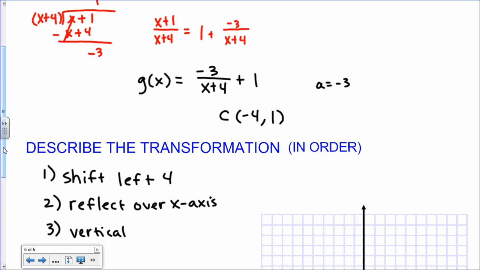Whenever we looked at stretches and shrinks, we always had to say absolute value of A. If absolute value of A is greater than 1, it's a stretch. If absolute value of A is less than 1, it's a shrink. So that would be like 1/2 or 1/3.